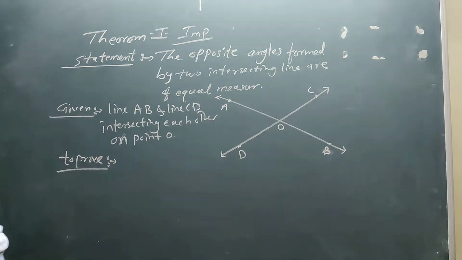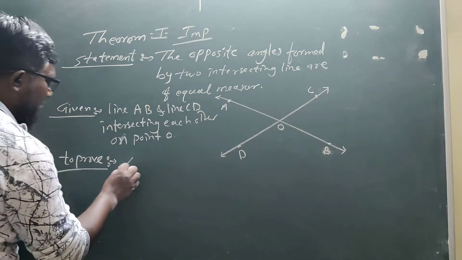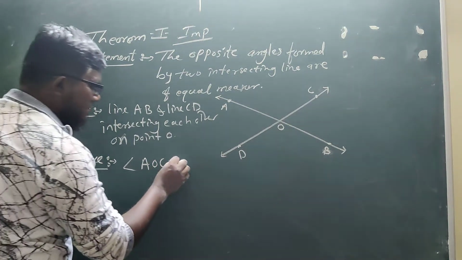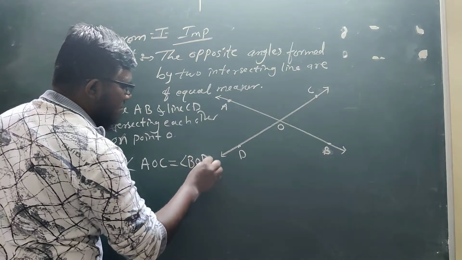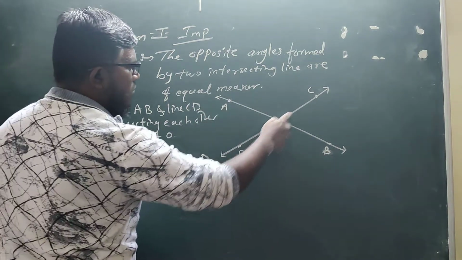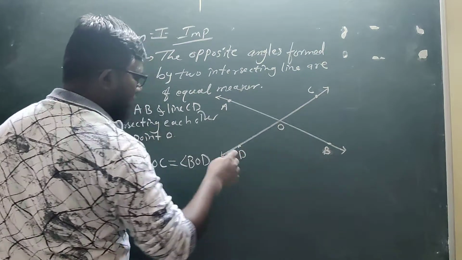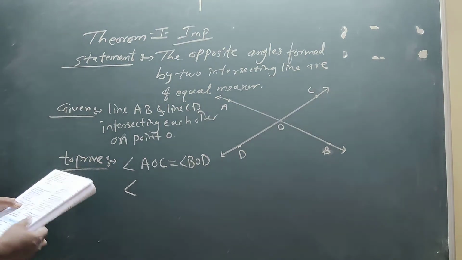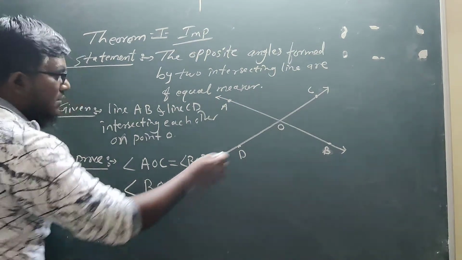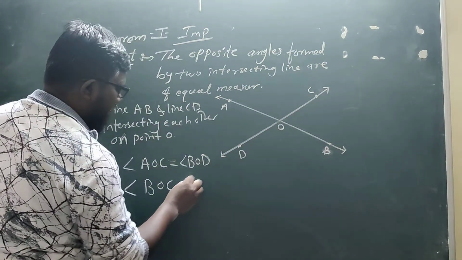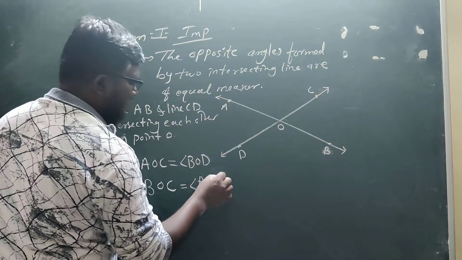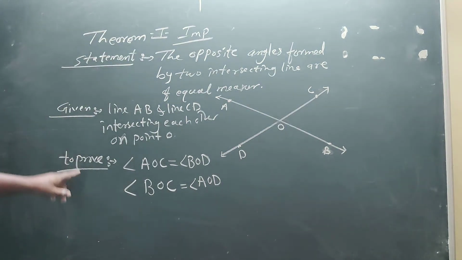These four angles, two angles in front of each other: angle AOC is equal to angle BOD, and another pair of angles, angle BOC is equal to angle AOD. These things we have to prove.